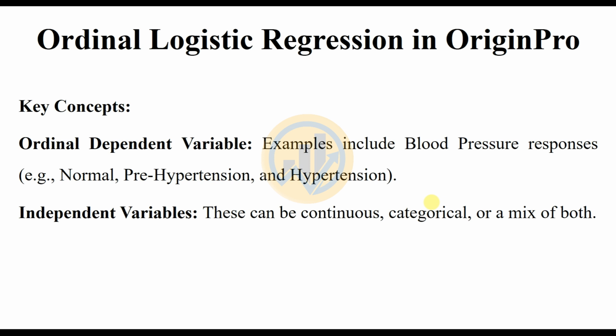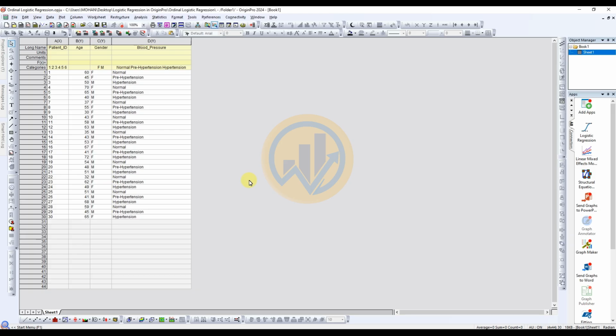Let's open the OriginPro software. The data is already entered in the OriginPro workspace. The first column is the patient ID, for a total of 30 patients, numbered 1 to 30. The next columns are the independent variables, age and gender.